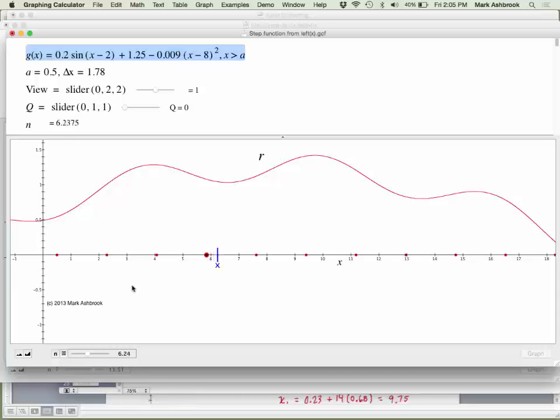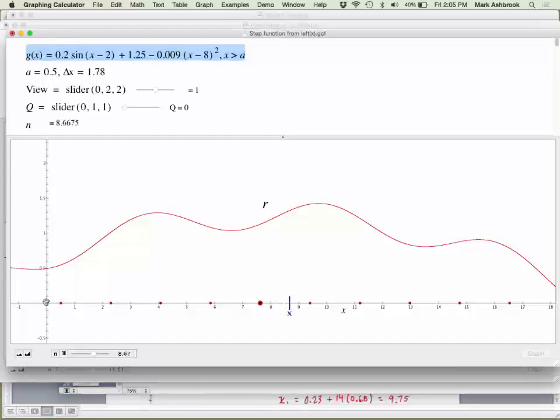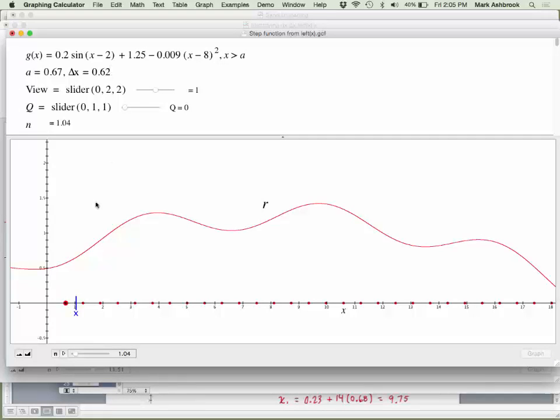Okay, so let's look at a similar situation here. So here's a scenario.